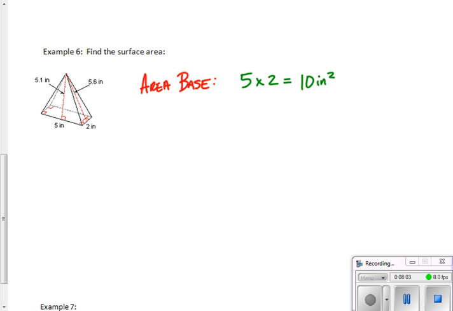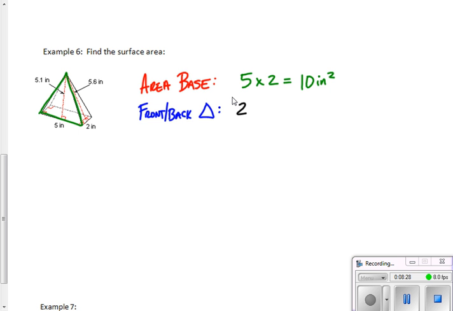Next, I'd like to go ahead and break down the triangular faces. So I'm going to say maybe this one right here, this larger one, will be the front. Well, that front face will be the same as the back. So normally what I do is list it off as front and back triangular faces here. When you're talking about a front and a back, you're covering 2 faces.